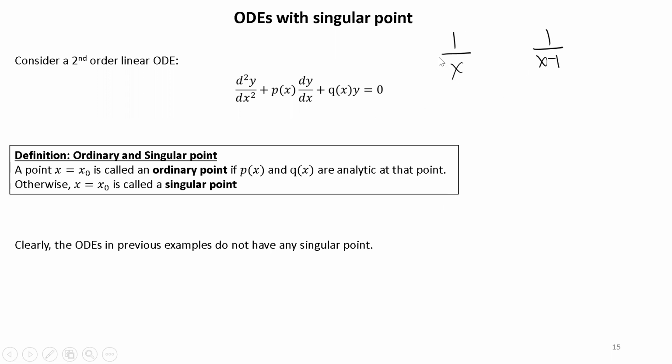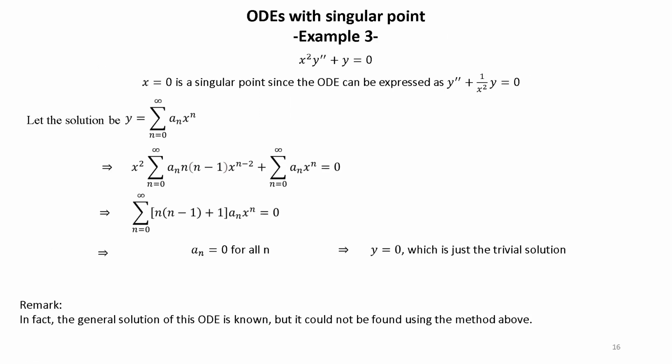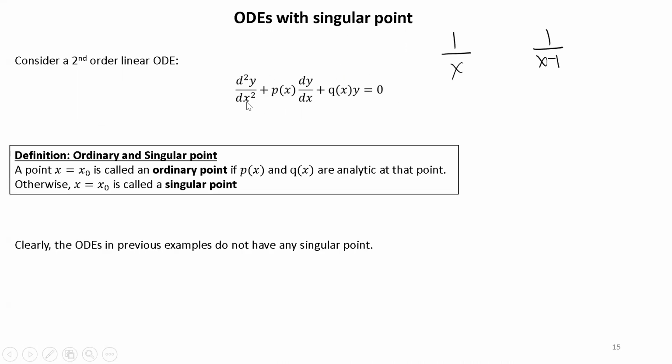So in the previous example, we don't have any functions that look like this. Okay. So, and this is an example. Okay. So I have this equation here, right? So I am going to write it in this form, right? If I want to write in this form, I don't want any coefficient function for the highest order derivative.